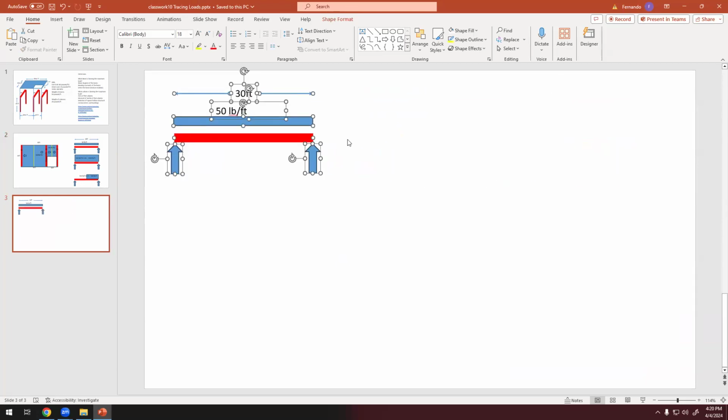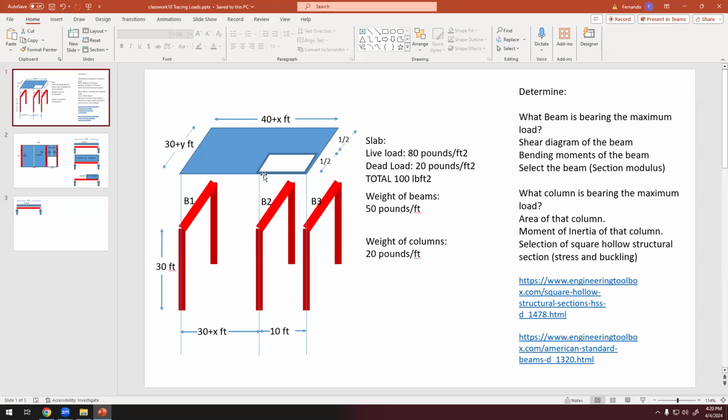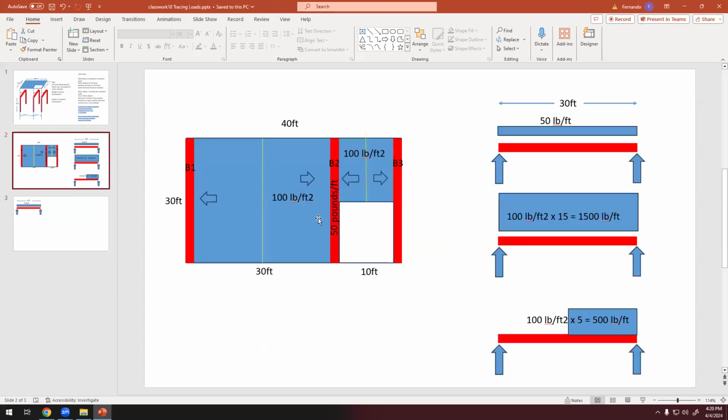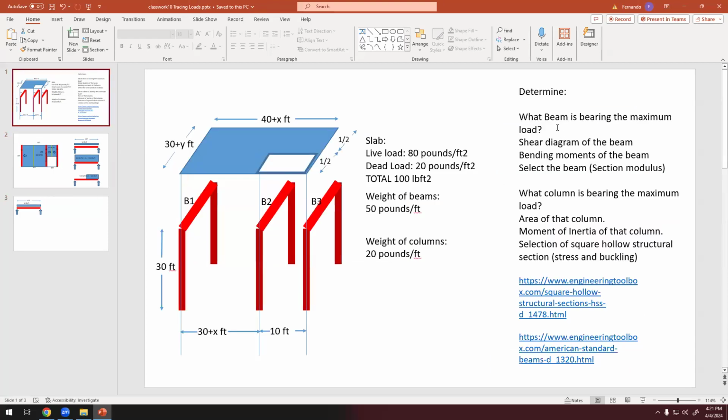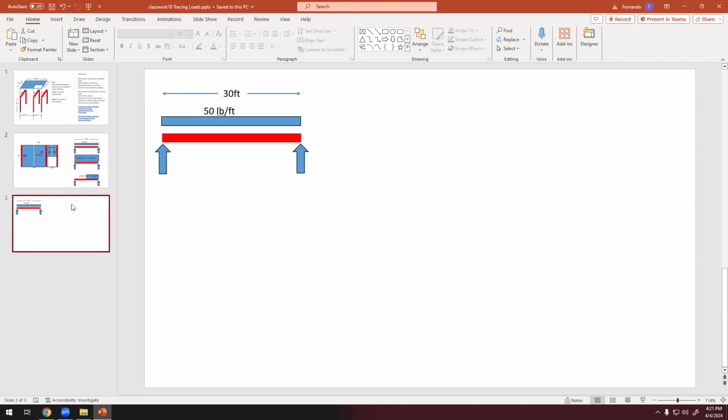Okay, so this is 30, the length, 50 pounds per square foot. What do we have to do? First, we are dealing with beam 2, so that's why this is always beam 2, because this is the beam that is bearing the maximum load. And then the shear diagram of the beam. So we're going to do this 3 times.